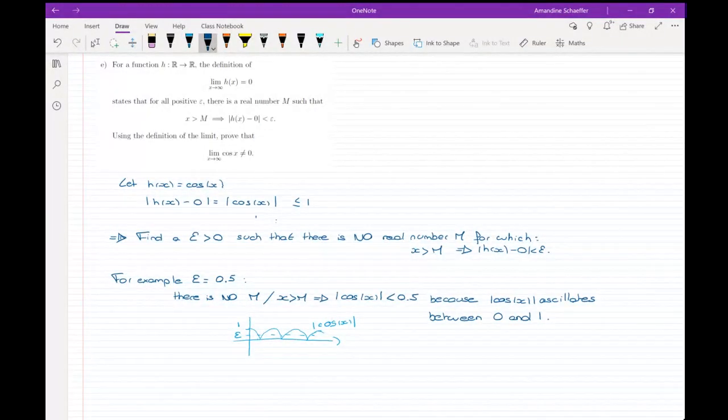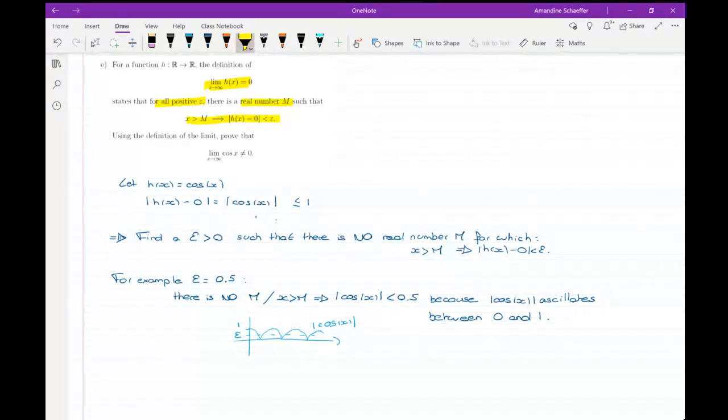So the last question here is about the definition of the limits. You have a function, and we tell you the definition of the limit, which you already know. The limit at infinity states that for all positive epsilon, there exists a real number m, such that if x is greater than m, then the distance between the function and the limit is less than epsilon. We need to use this definition to prove that the limit of cos x as x tends towards infinity is not 0.